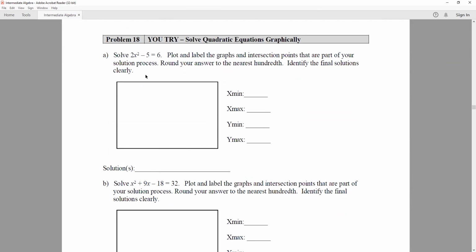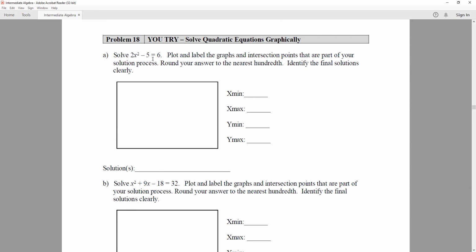With problem 18, what do we have? Solve 2x squared minus 5 equals 6. That is what we are solving.